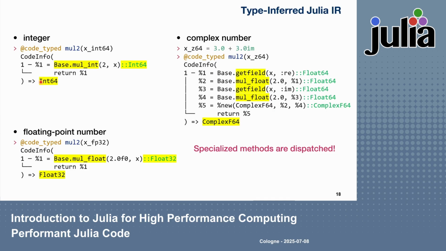But from the lower level, or let's say machine level, as you can see, the generated type inferred Julia code is very different, right? For a complex number, first you get the field for the real part and return the floating point number 64, and then do the multiply and get the field for the imaginary part, and then do the multiplication, and then generate the final complex numbers and so on.